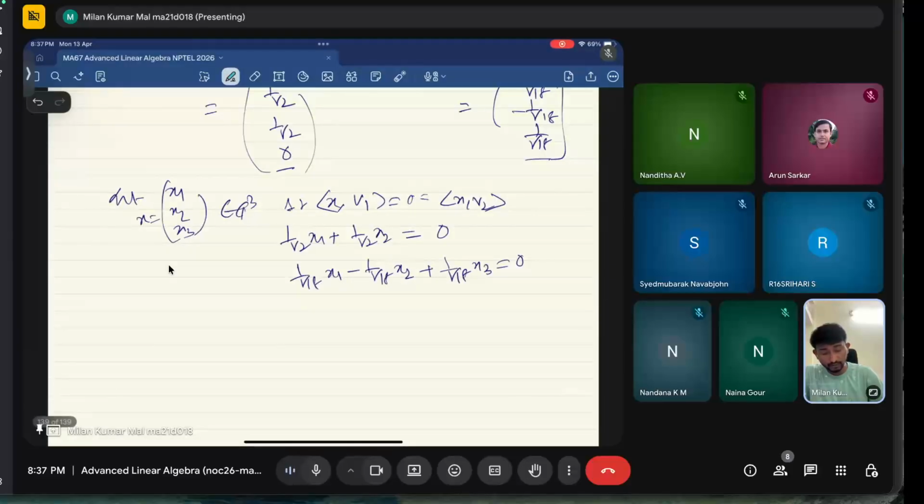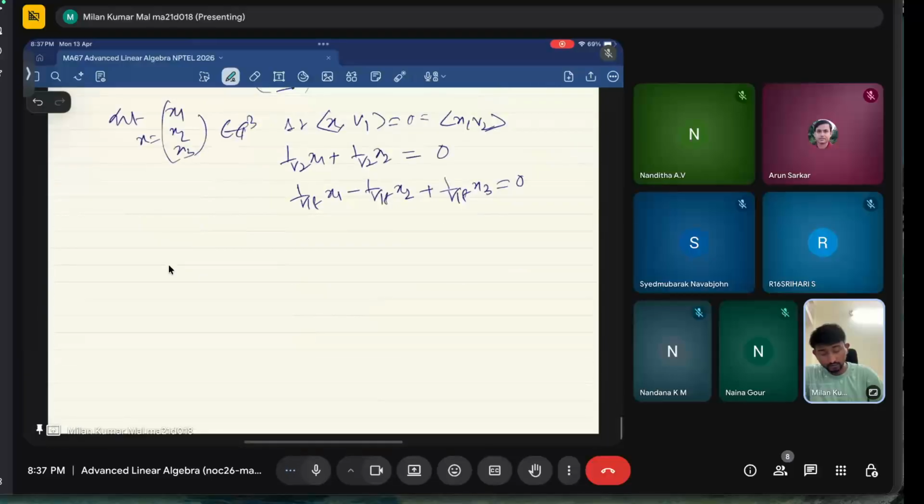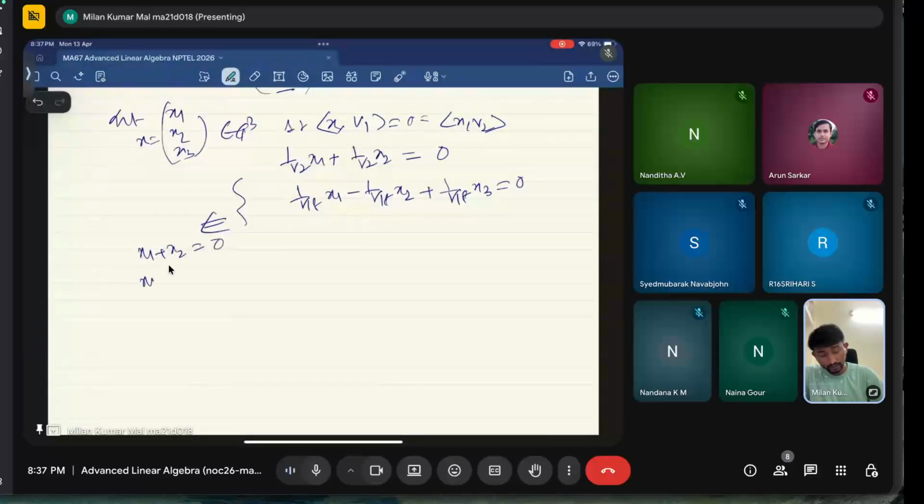So basically from here we will get x1 plus x2 is equal to 0, and x1 minus x2 plus x3 is equal to 0. If you add these two, we get 2x1 plus x3 equal to 0. So x3 is equal to minus 2x1, and from here x2 is equal to minus x1.